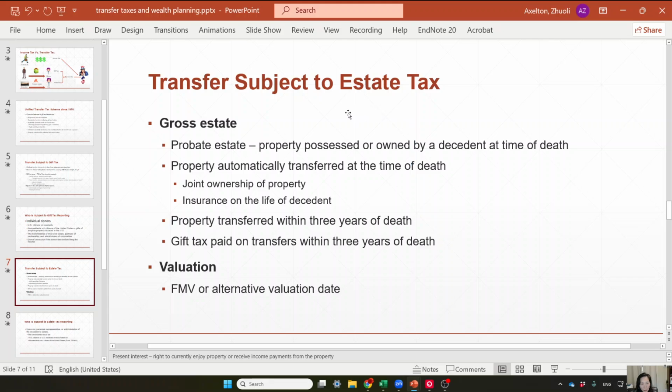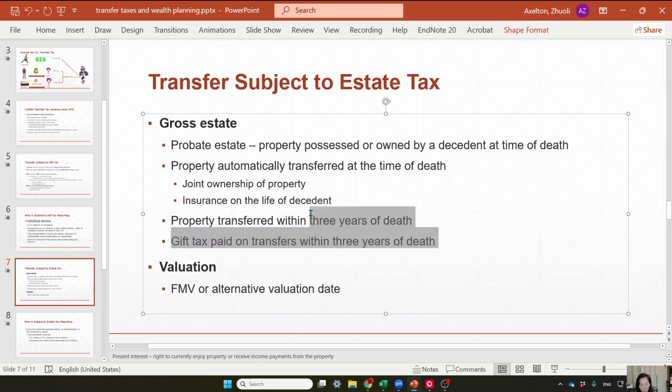Okay, for estate tax, the transfers subject to estate tax normally are of two types. One is the gross estate, covered as the probate estate, so property possessed or owned by a decedent at the time of death, and property automatically transferred at the time of death. The property transferred within 3 years of death, and the gift tax paid on the transfer within the 3 years of death.